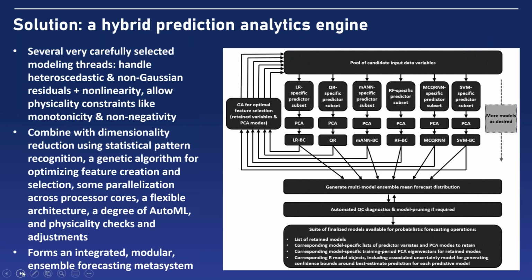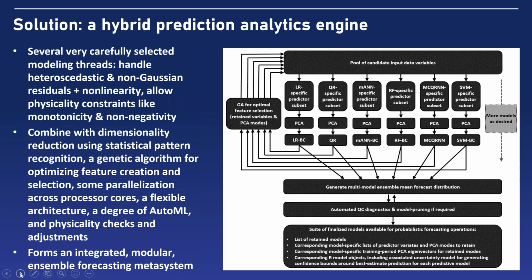And I'm not going to have an opportunity to summarize in detail here. This flowchart summarizes some of the key elements. There are a number of carefully selected modeling threads. And these were chosen to handle heteroscedastic non-Gaussian residuals and nonlinearity, and to allow physicality constraints like monotonicity and non-negativity, which we know a priori need to be applied.